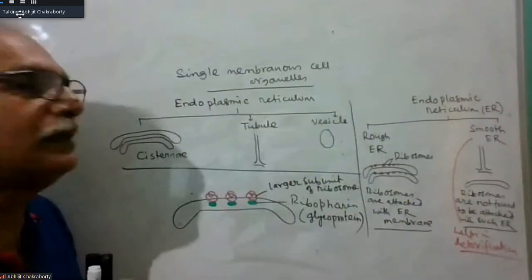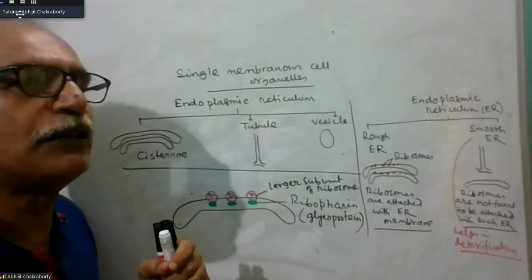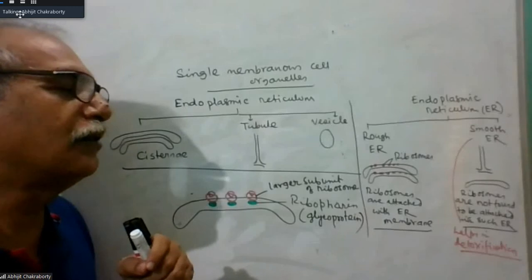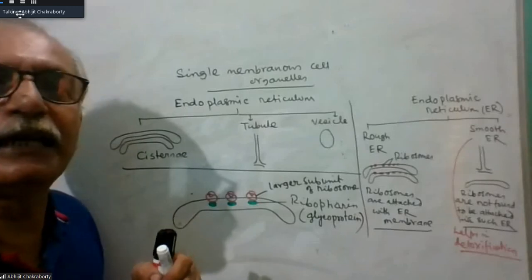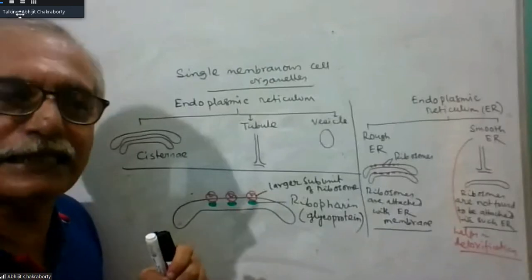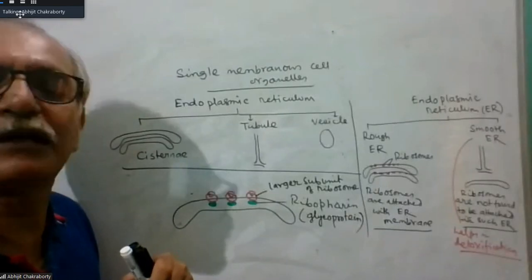Smooth ER helps in detoxification by adding a hydroxyl group to the toxin or drug. Once the hydroxyl group is added to the drug, it becomes more soluble. Its solubility increases and it can be expelled from the body along with water.